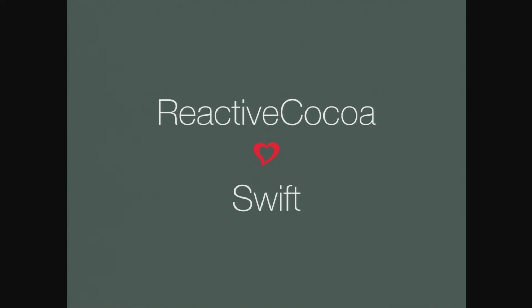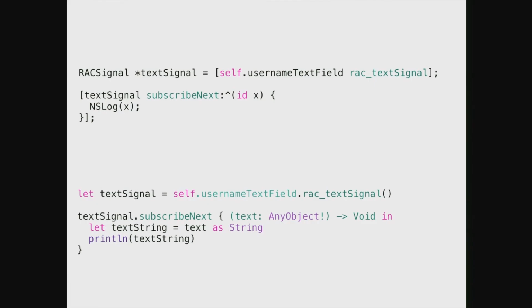So let's have a look at Swift and how ReactiveCocoa works with Swift. Going back to my example earlier of taking a text signal, subscribing and logging, the top version is in Objective-C, the version below is in Swift. One of the great things about Swift is you can take any Objective-C API and you can bridge it to Swift. So you can have Objective-C and Swift code working side by side in the same application. The improvement here isn't that great, to be honest.